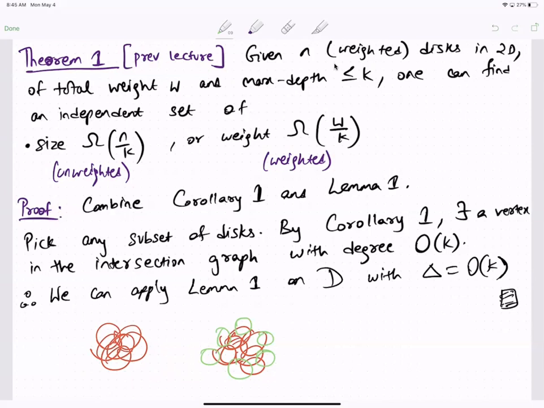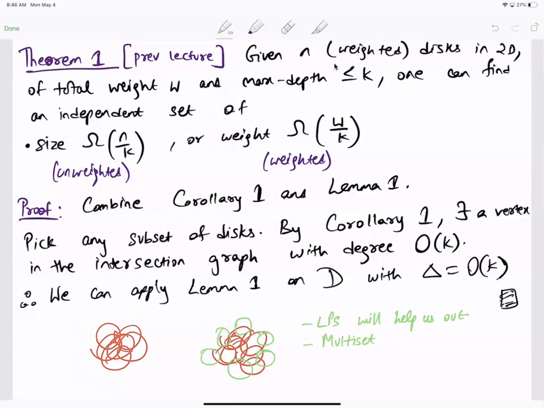So here is where linear programming will be very useful. What we'll do is create a multi-set. LPs will help us out here. By multi-set we mean the same disk could get copied multiple times.